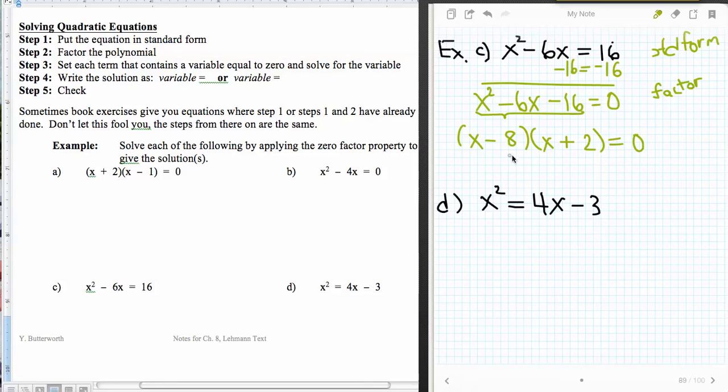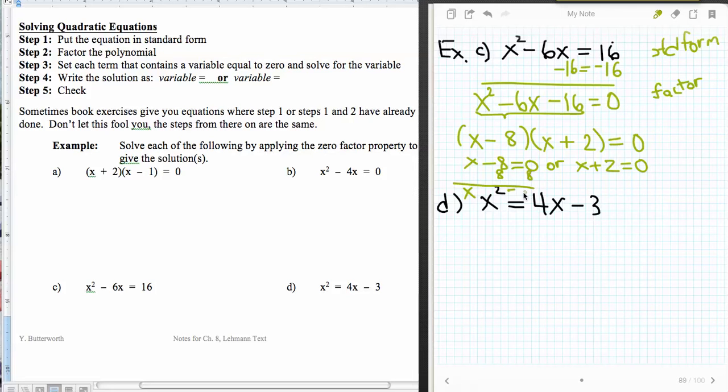Now once we have that, of course, these two factors multiplied equals 0. And now we'll set each of these factors equal to 0. That's the zero factor property, right? If either one of those things equals 0, then the entire thing would be equal to 0. So we have those, and then we solve. So we add 8 here and add 8 here.